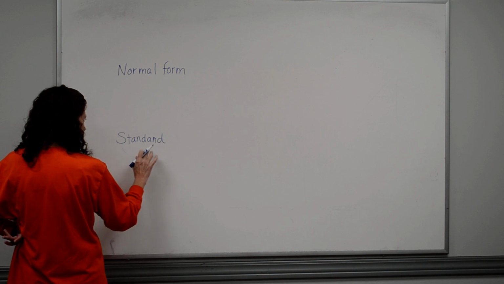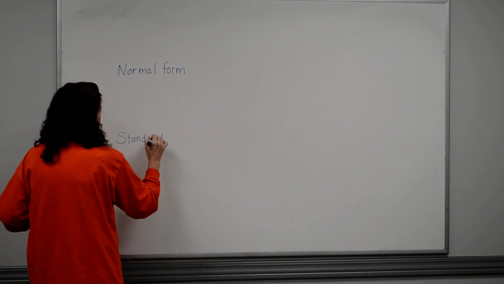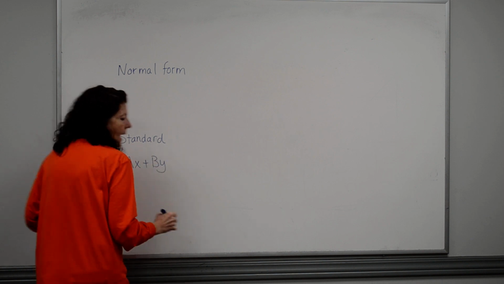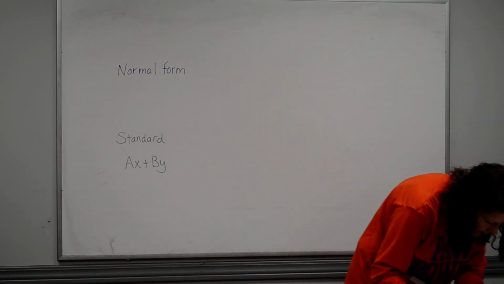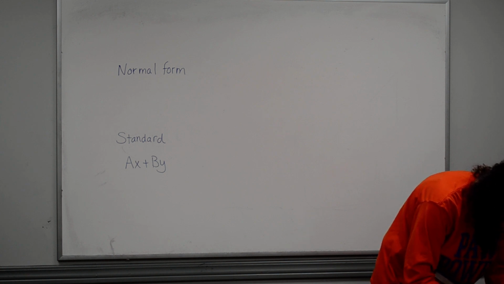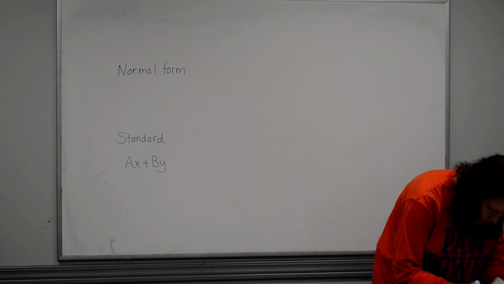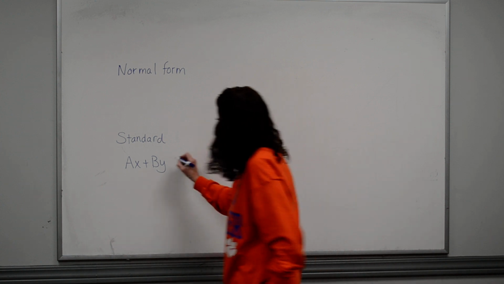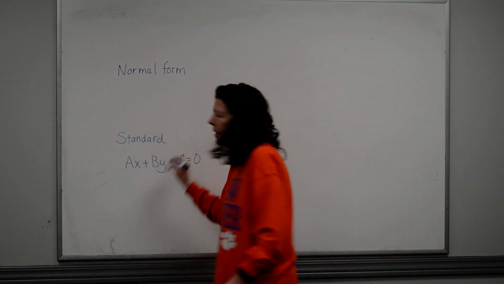You're talking ax plus by, and I think they've got minus c there. Let me go back and look in your book. I think that's the form they use. They say plus c, okay, equals 0.